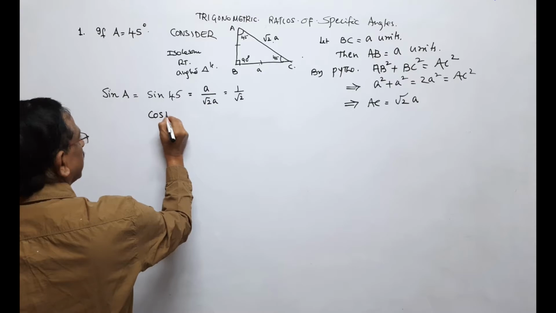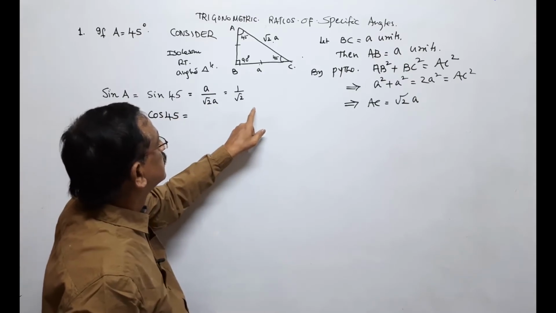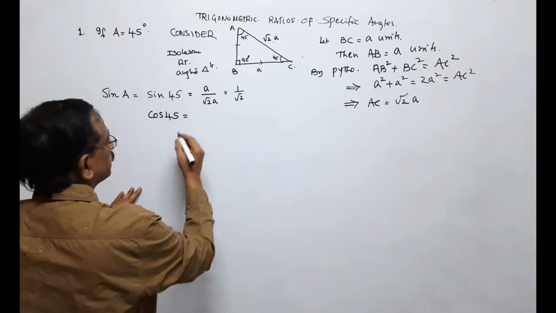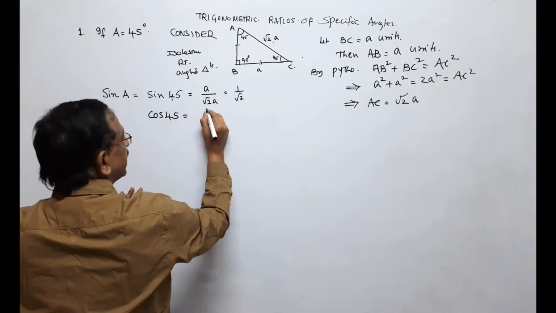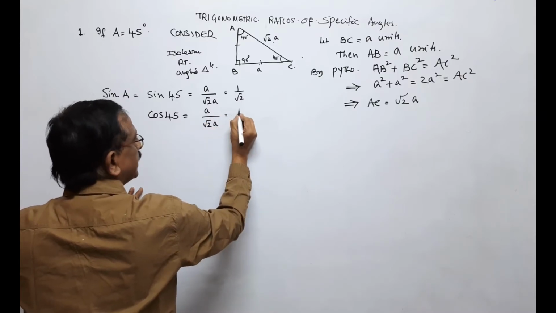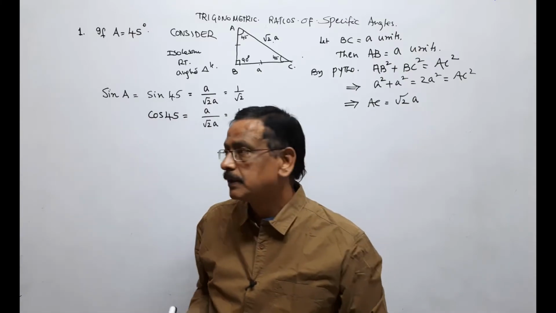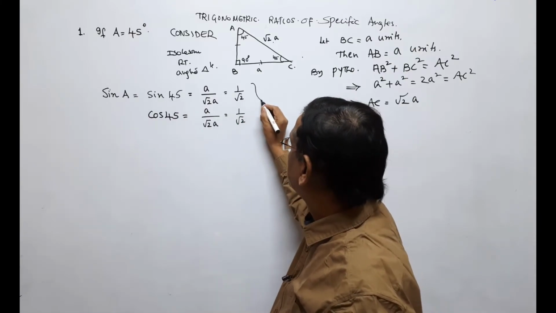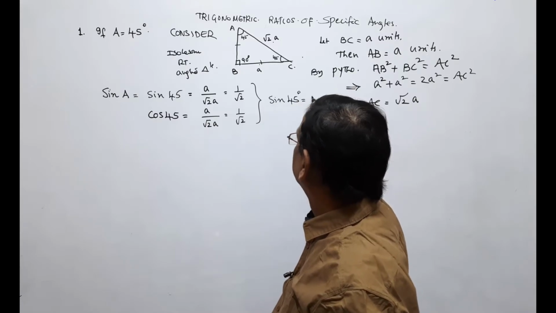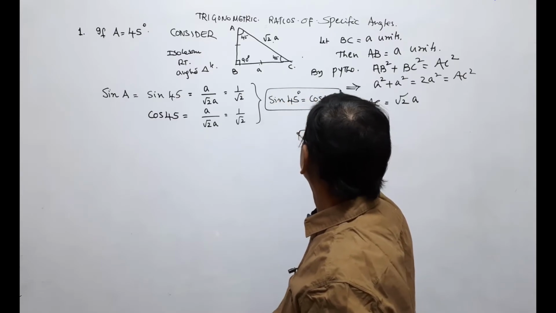Similarly, I can evaluate cos 45. Cos 45 is adjacent side by hypotenuse. Adjacent side is again a, hypotenuse is root 2 a, and I can cancel a and a, so again I will get 1 over root 2. The very important thing is that sin 45 degrees equals cos 45, which is a relation to be observed.